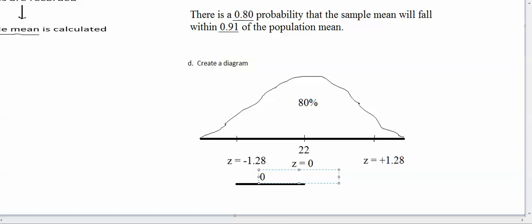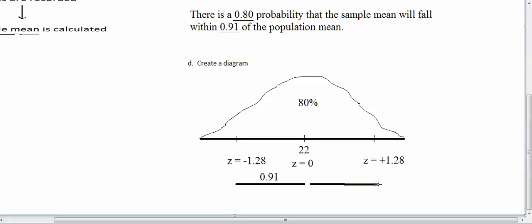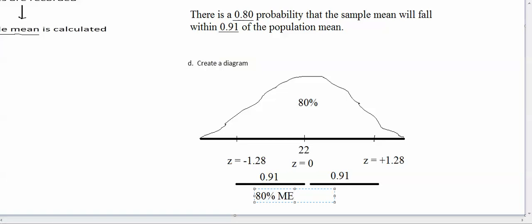So that means that this distance is 0.91. And this distance is also 0.91. Let's put 80% margin of error right here just to label that it's the 80% margin of error. So the 80% margin of error is just the distance from the population mean to the lower boundary and the upper boundary of the middle 80% of the sampling distribution.